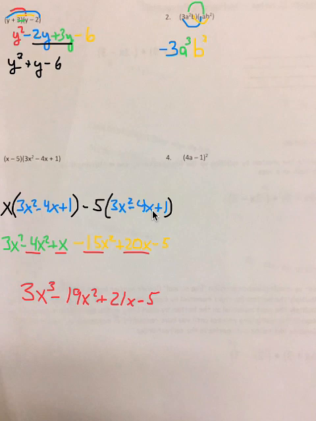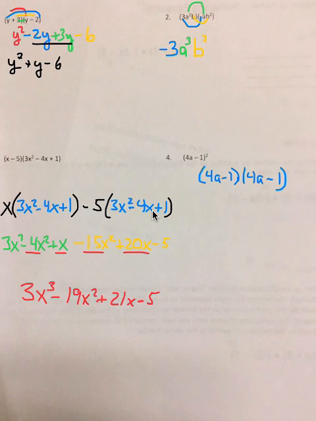Now, the last one, we have 4a minus 1, the quantity squared. Many people will mess this up. This is just 4a minus 1 times 4a minus 1. Rewrite it out because people mess it up all the time.